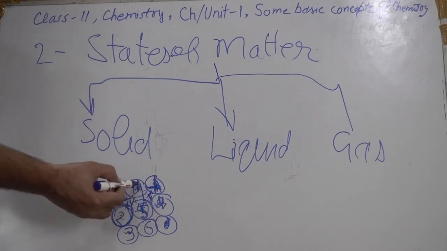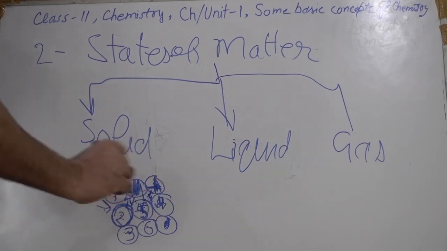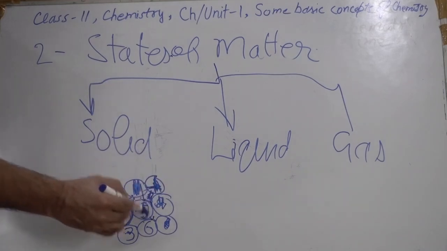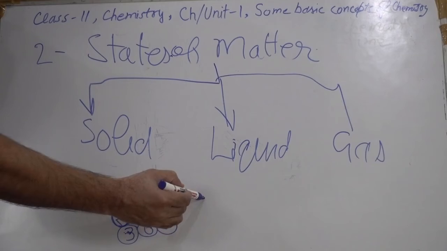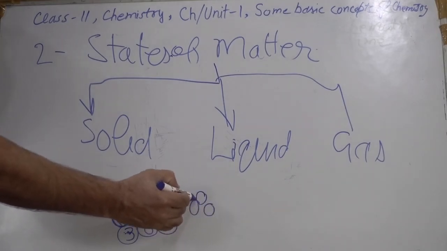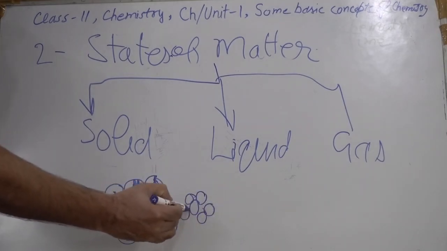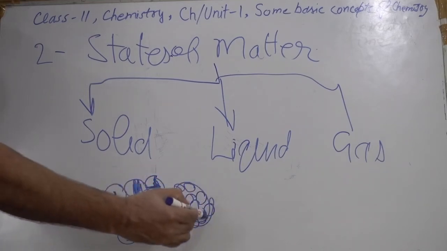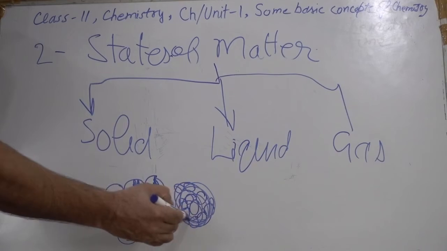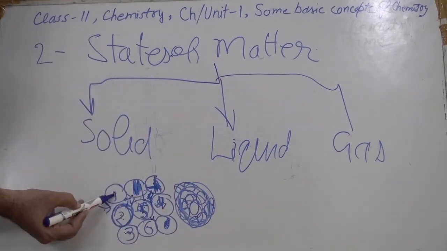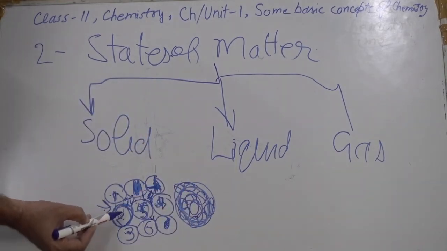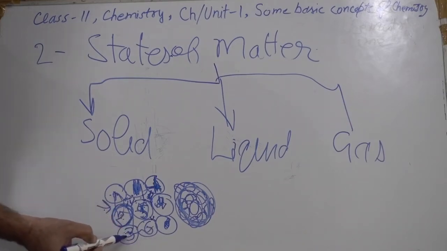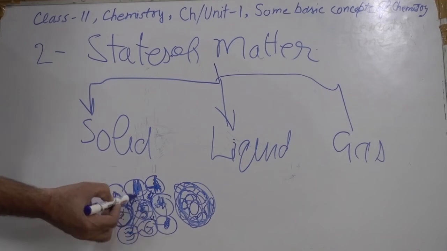If this vibrational energy increases so that it goes away from this force of attraction and they start roaming about throughout, means it takes the position of 2, 2 comes in position of 1, 3 takes the position of 2, or similarly 6 takes the position of 5, or randomly they keep on roaming about.